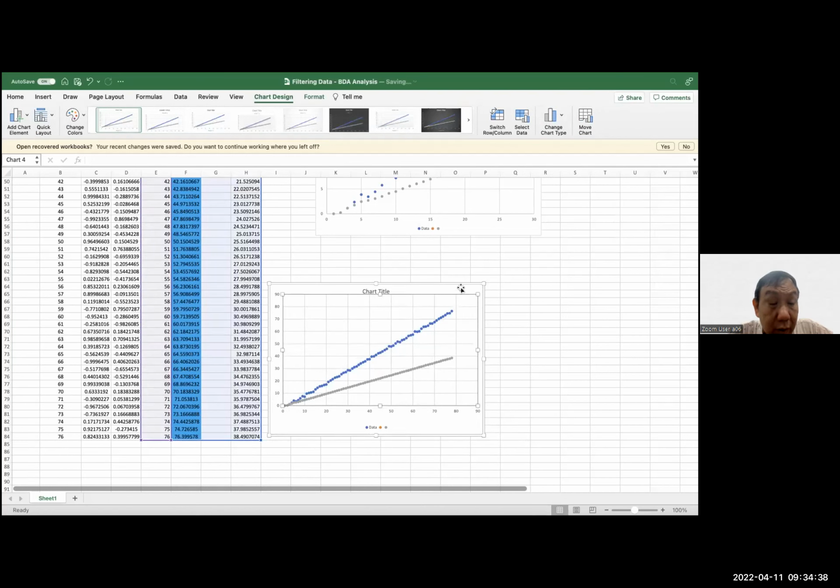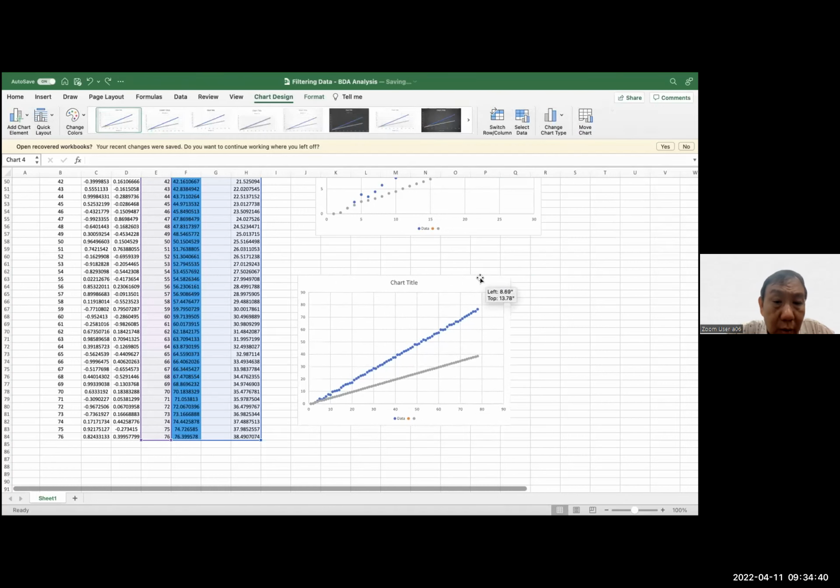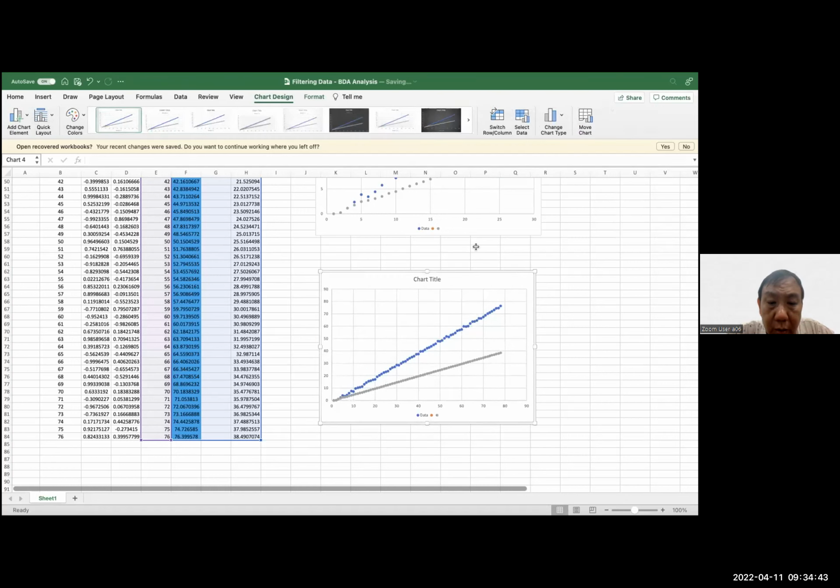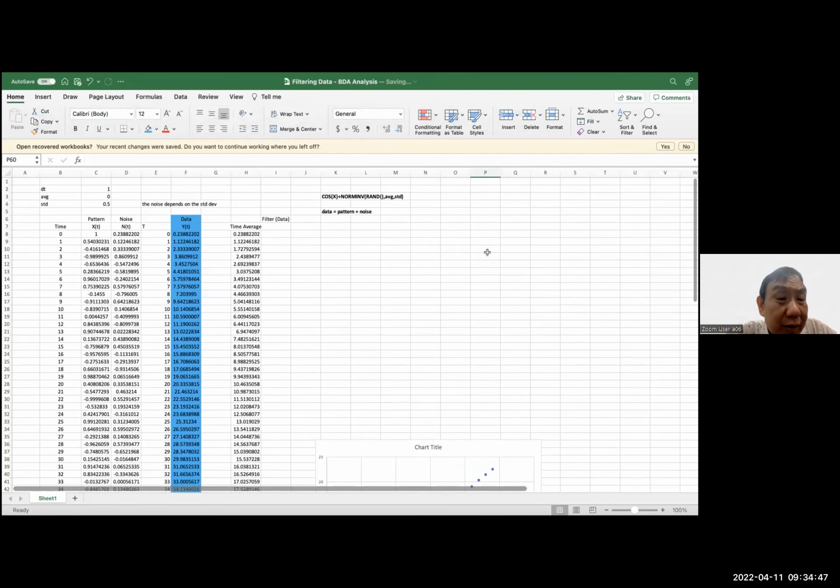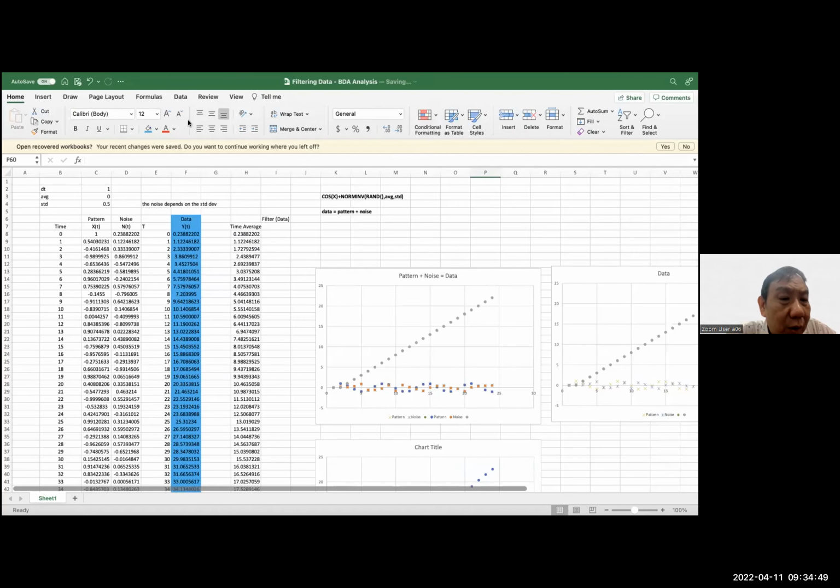Why don't you have your data? Can I see your average? 0 and then 0.5. That's strange. Okay, your dt, can you change to 0.1?